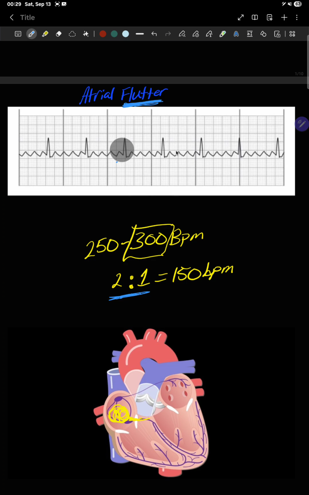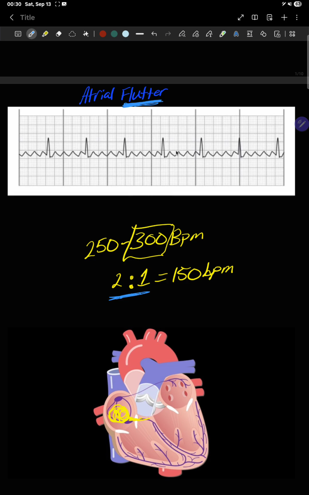Does that make sense? So if I have 1, 2, 3, 4, my first number would be 4, and I have 1 QRS. So I have a 4-to-1 conduction. I'll tell you why that matters.